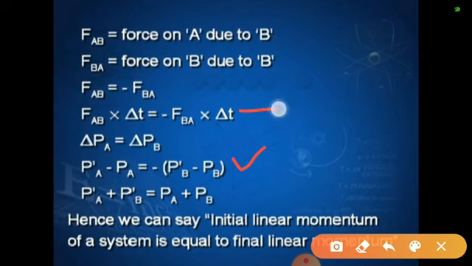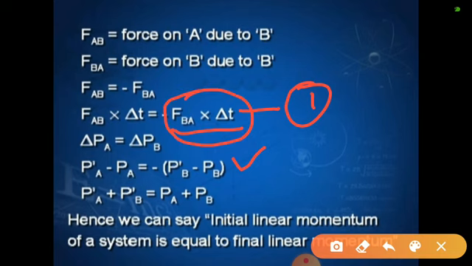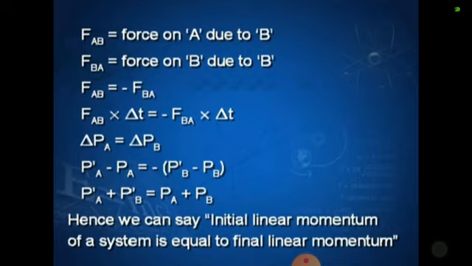Now this is equation 1, and from this equation 1 we have the relation that the impulse is equal to the change in momentum, and hence rearranging the values, you have the momentum before the collision equal to the momentum after the collision. Hence you can say the total linear momentum of the system is conserved.